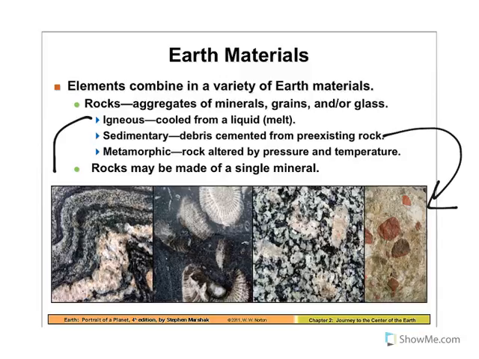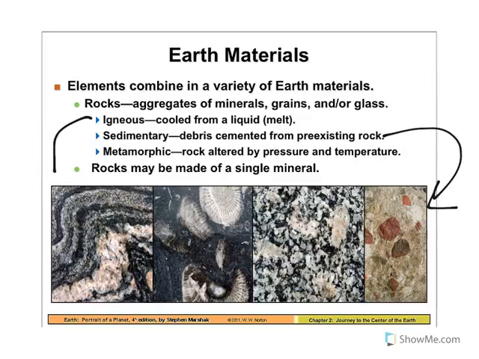I want you to think about the Mississippi River for a second. It brings down a lot of dirt from the United States. There's a reason why it's called the Big Muddy, because it's bringing down all of that dirt. So that dirt, once it reaches the Gulf of Mexico, is going to settle down to the bottom of the ocean floor, and it's going to form a rock.